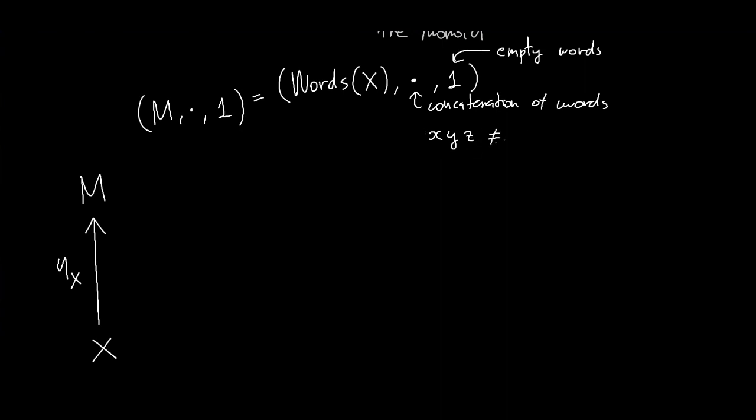It will never be equal to, let's say, Y times X times Z, because as a sequence of letters, these two are different things. So in a sense, we're giving this monoid structure completely full freedom from the point of view of our earlier intuition.